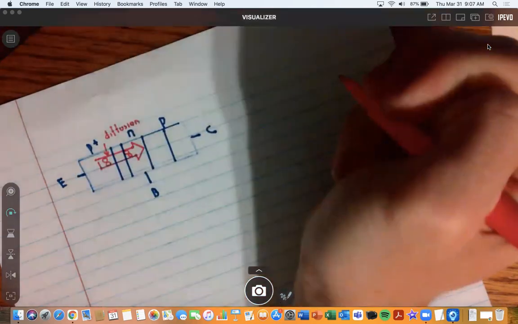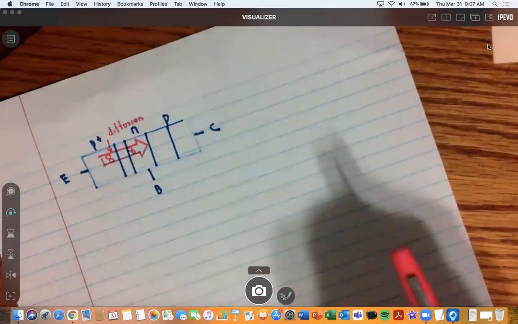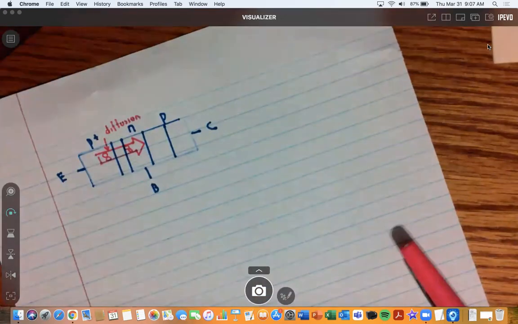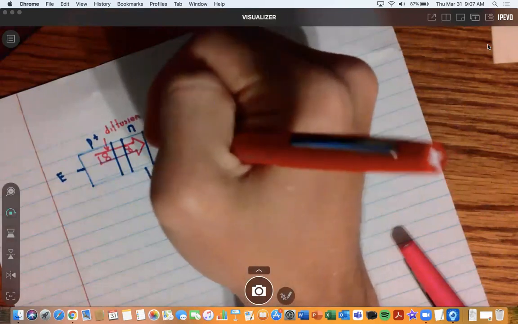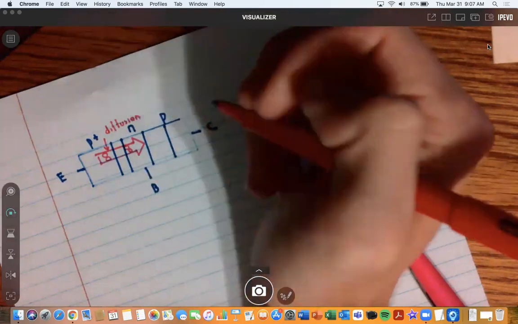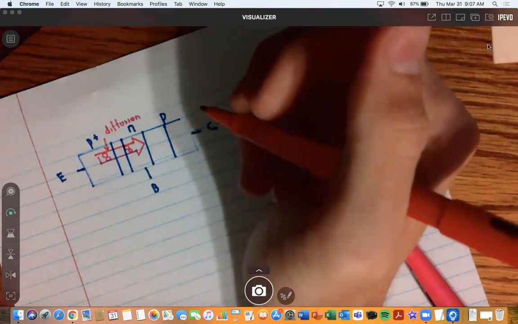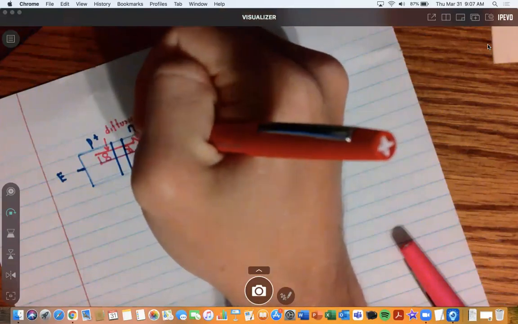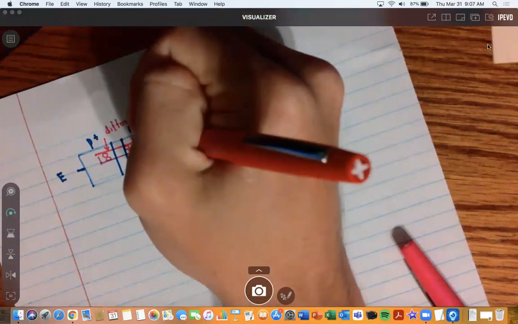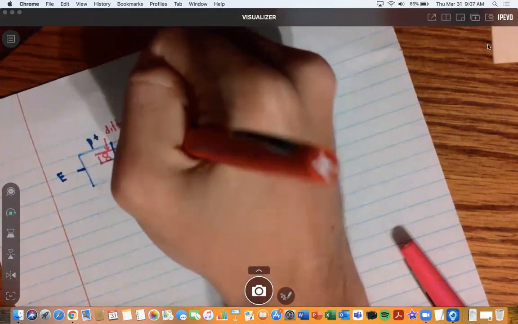Then they're going to go through, and you need to recall that within a PN junction, because we have reverse bias here, the depletion region is pretty large. So within here, we have an electric field created due to the large depletion region. Some of these holes come over to the N side, some of these electrons go to the P side, and what's left behind are dopant ions.